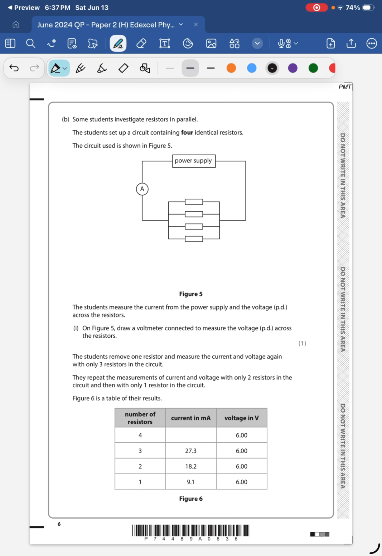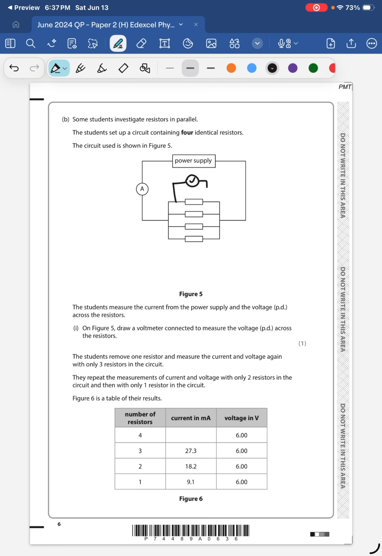On figure 5, draw a voltmeter connected to measure the voltage PD across the resistors. So that's the question, we have to draw the voltmeter.